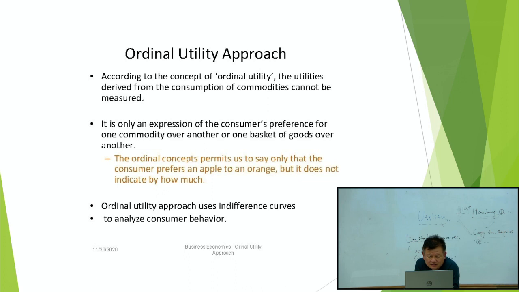According to the concept of ordinal utility, the utilities derived from the consumption of commodities cannot be measured. How can we not measure that? At this time, first, second, third, this is ordinal.